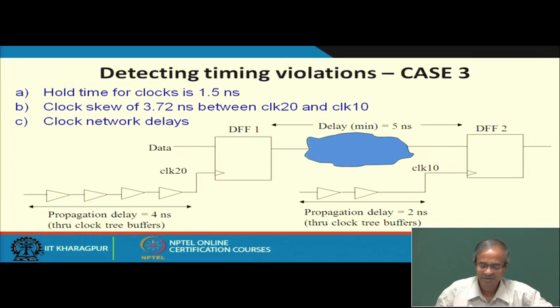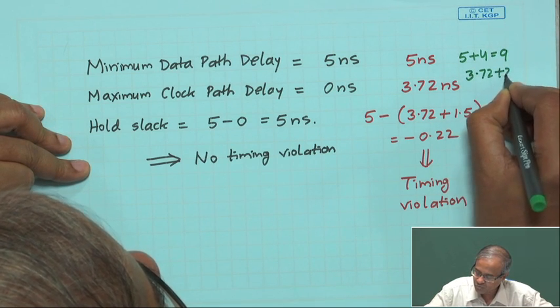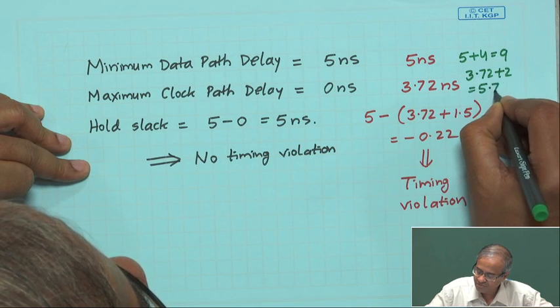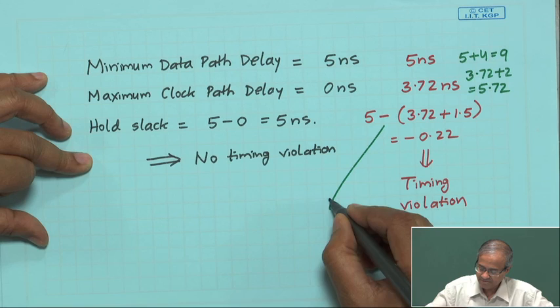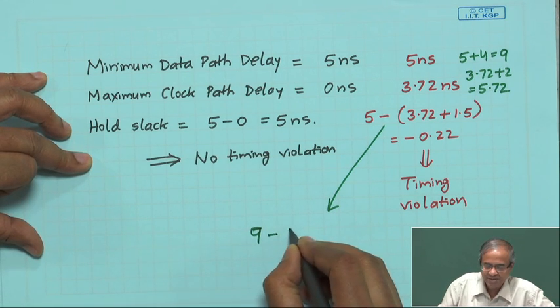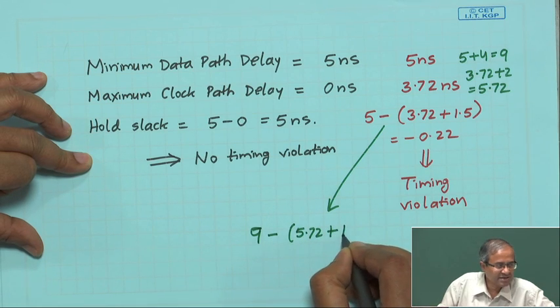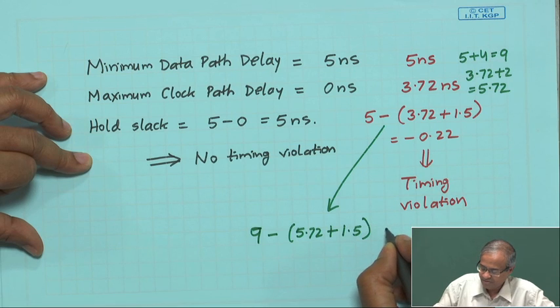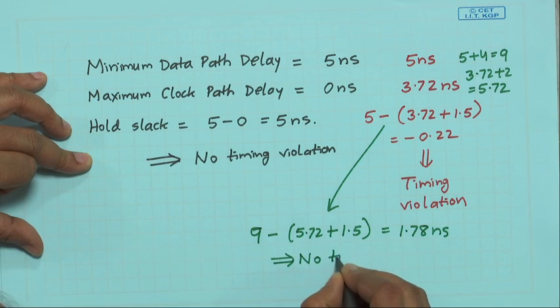Second one, there is a delay of 2 additionally, so it would be 3.72 plus 2, which is 5.72 nanoseconds. So, this calculation how it will be now? It will be 9 minus 5.72 plus that hold time of 1.5. This comes to 1.78 nanosecond. Because this is positive, here also there is no timing violation.